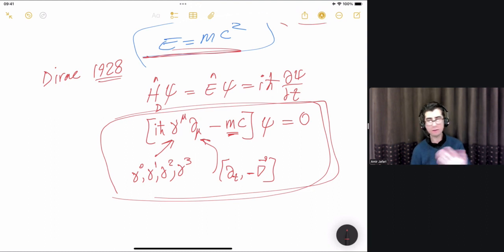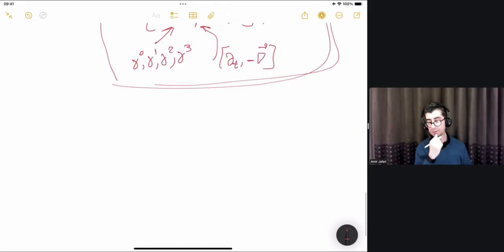I told you before about this, that writing down wave equations like the Schrödinger equation for wave functions for a fixed number of particles doesn't work because E equals mc squared. But I wanted to write down a couple of familiar equations, perhaps, to see what's going on in practice. Okay.